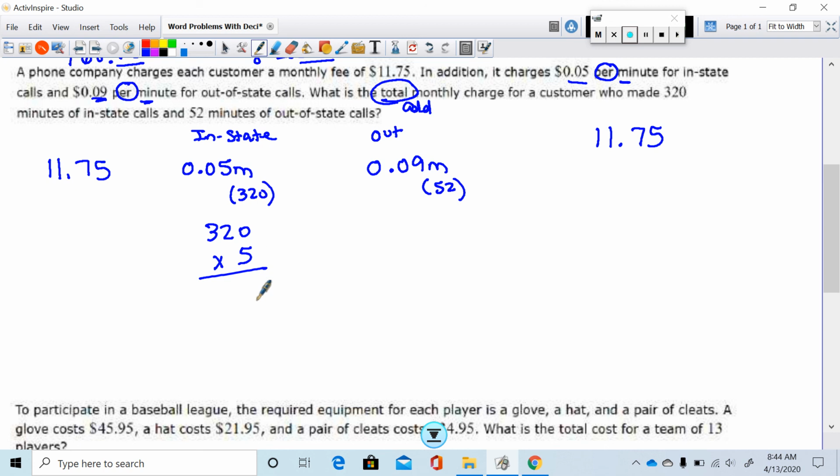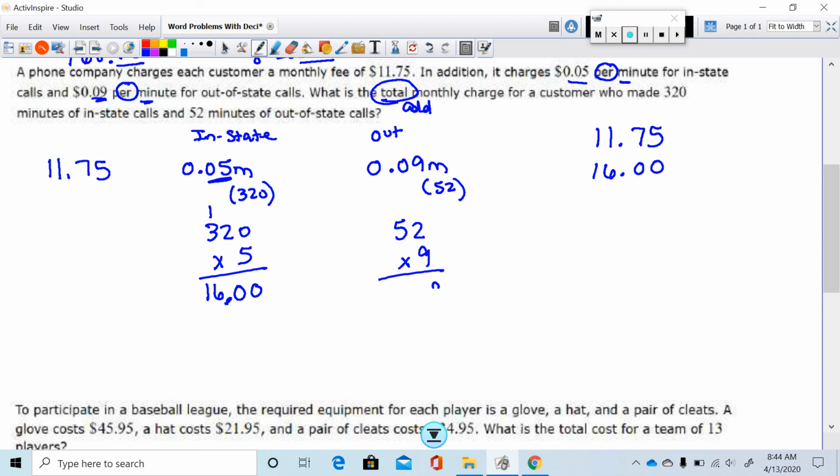So 0 times 5 is 0, 2 times 5 is 10, carry the 1, and 5 times 3 is 15, plus 1 is 16. 2 numbers after your decimal, so 2 numbers after the decimal, so that's $16 for the in-state calls. And the next one, again, I'm just going to do 52 times 9, because after the decimal you just have one digit.